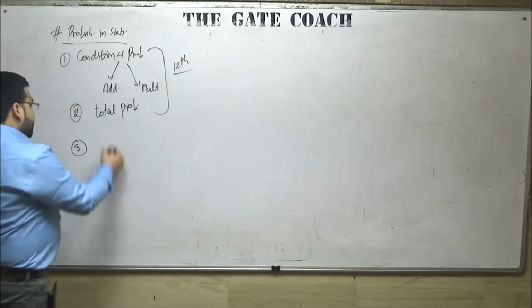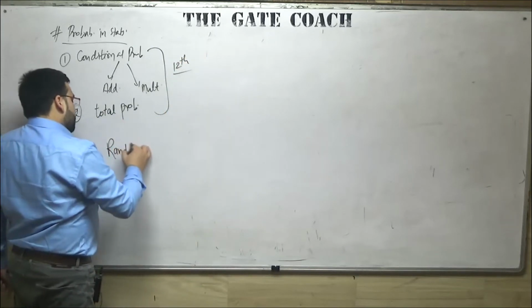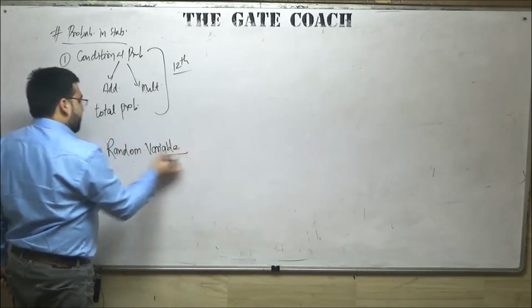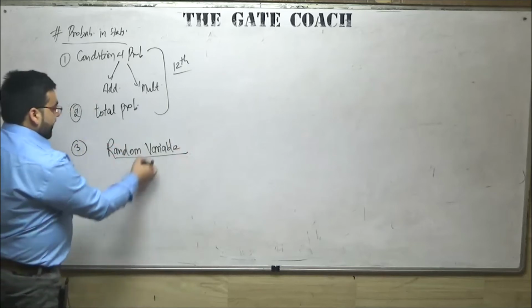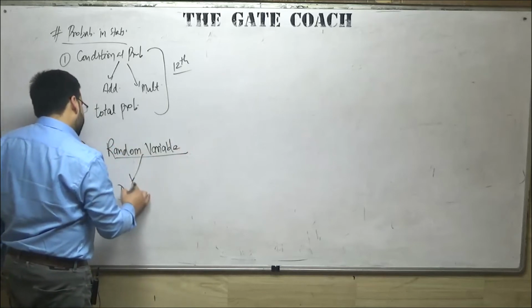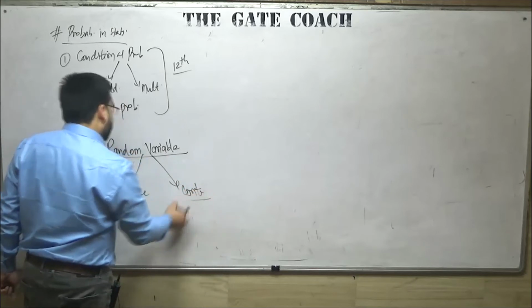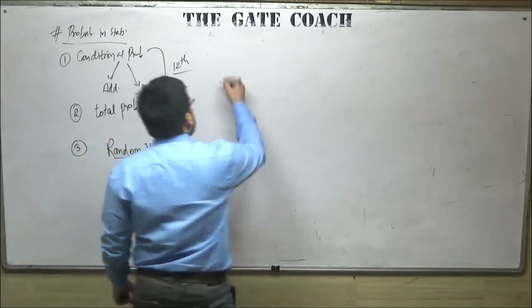But after this we discussed a random variable. Now random variable can be of two types. One is discrete and one is continuous. For example, you have tossed a coin 3 times.